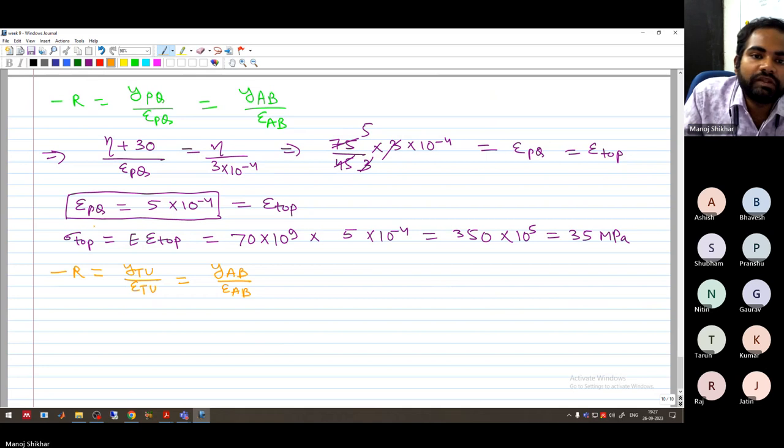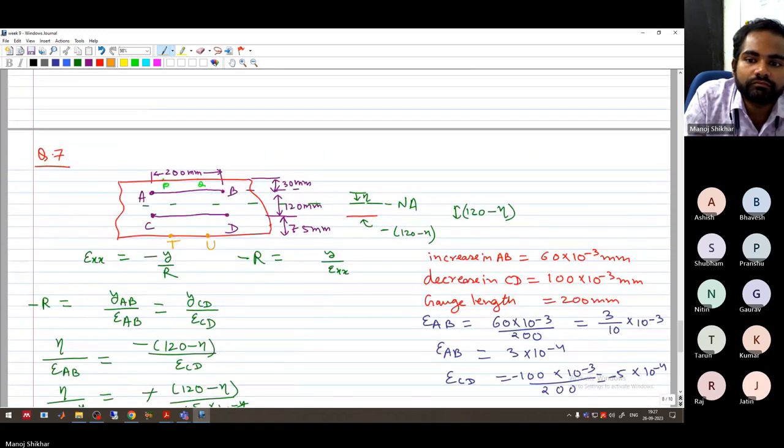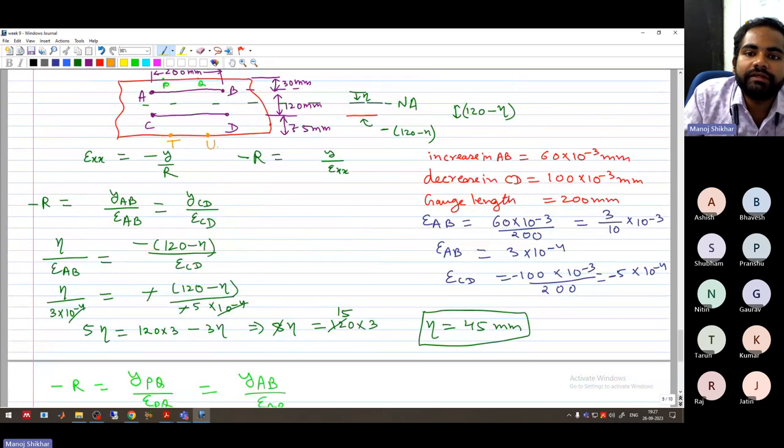Then y TU is what? y TU will be this length. This length is y TU. So this is 120 minus eta.